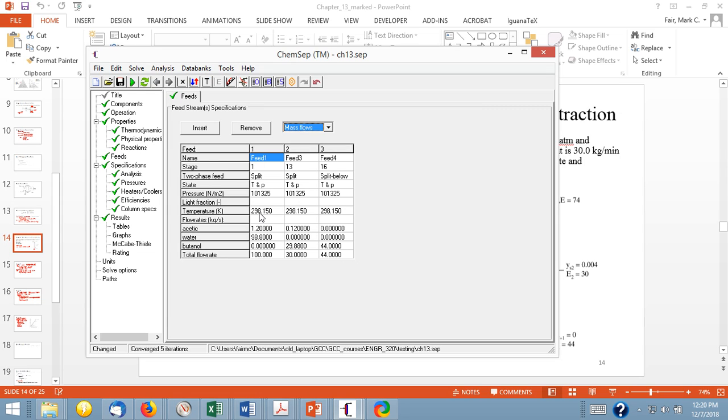And then for the flows, ChemSep wants it in terms of kilograms per second, we could convert that over. Just to make it simple for us to put in numbers for right now, let's assume it's on a 100 basis for feed 1. And so if it's 1.2 weight percent acetic acid, then we'd have a flow of 1.2 and then 98.8.